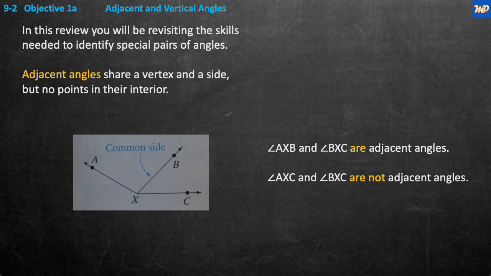The two angles share a common side, which is XB. So angles AXB and BXC are adjacent angles. But AXC and BXC are not adjacent.